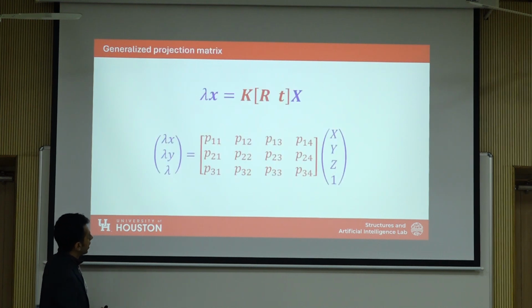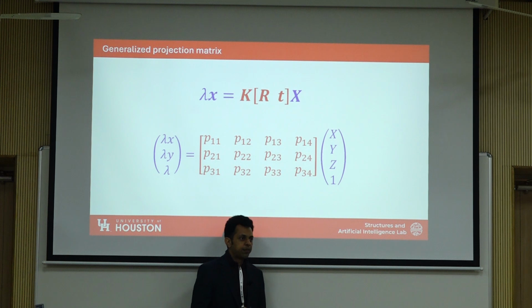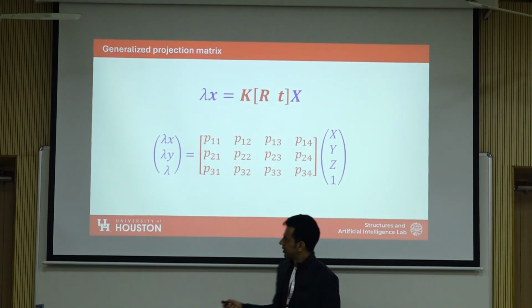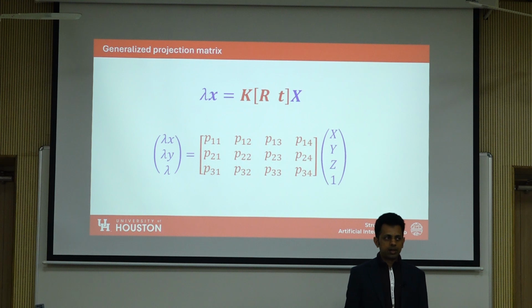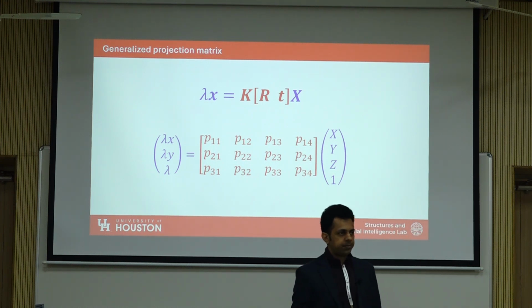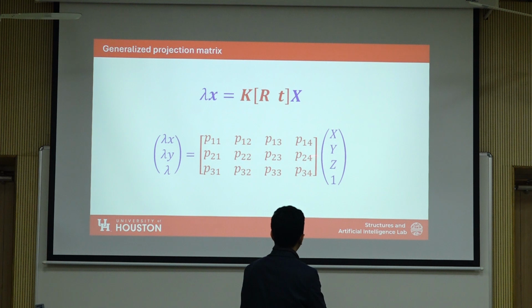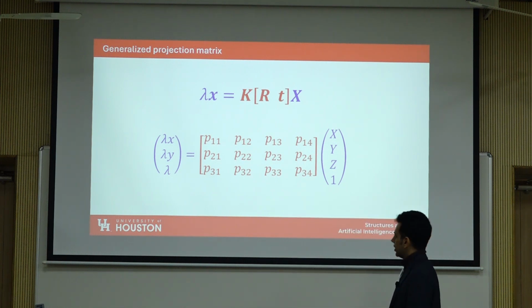So now we can look at calibration. So calibration is figuring out what the parameters of my projection are. Okay. So here I have a generalized projection matrix, which is a 3x4 with unknown quantities. Right?